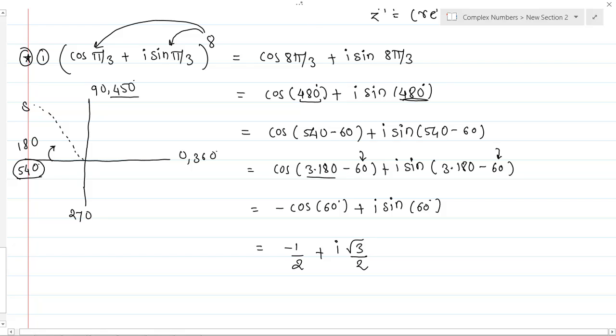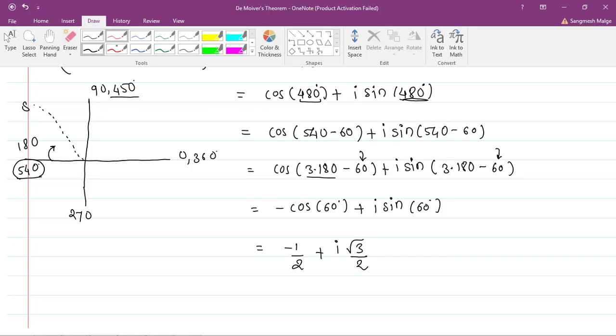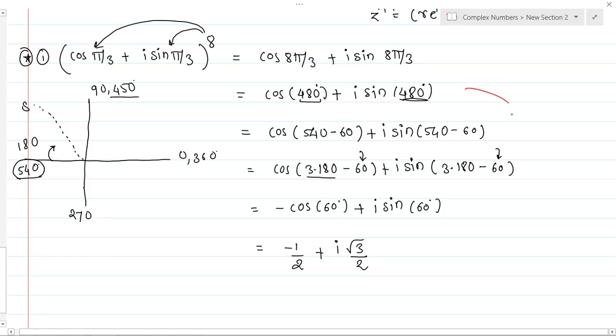Don't worry, this angle conversion you will get with some practice. If time permits, today I will give you a simple trick to convert these angles. So this is the final answer: minus 1 by 2 plus i root 3 by 2. Is it okay, everyone?